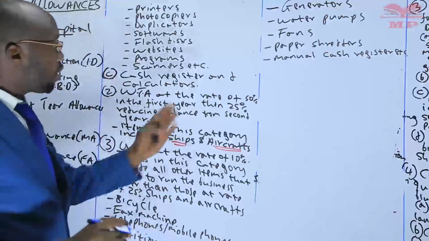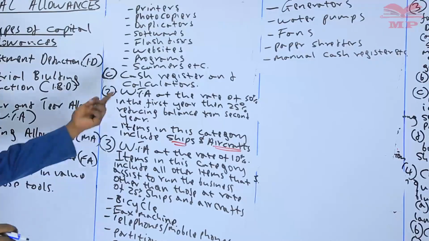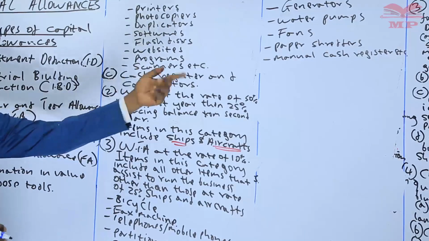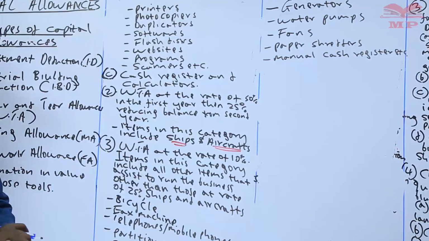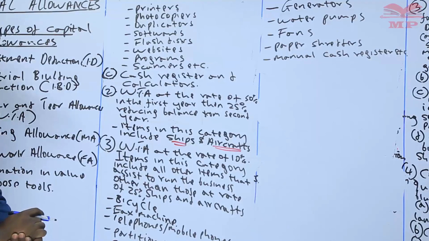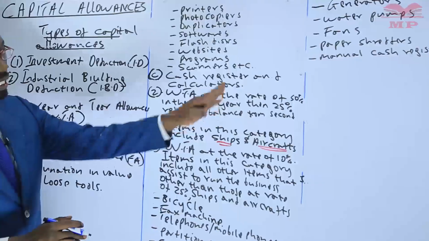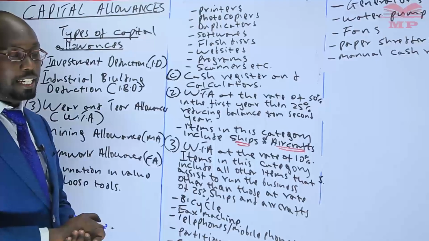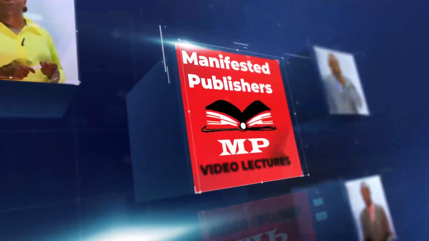And take note of manual cash register, because here we talked about cash register under 25%. But if it is manual, then it comes to the rate of 10%. So any other item that you may come across that is used in the business, that assists to run the business and is not in 25%, is not a ship or aircraft, then it will fall under this category.